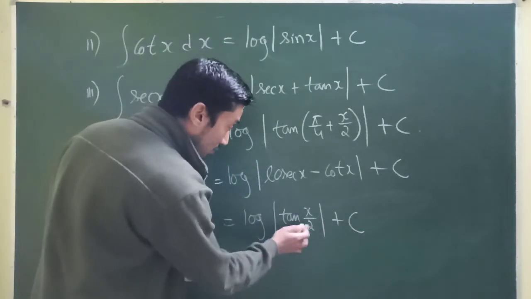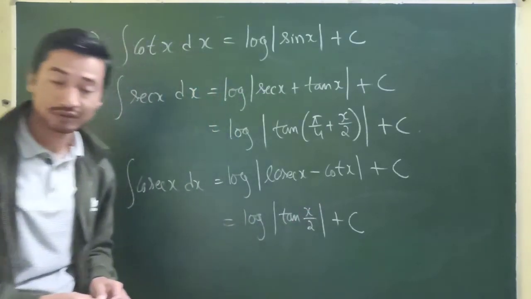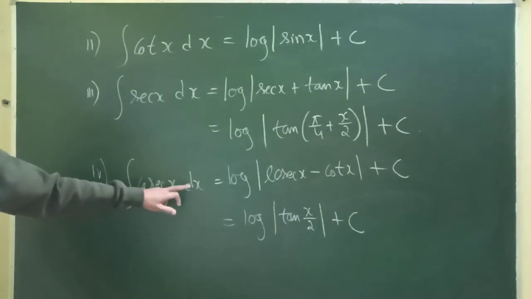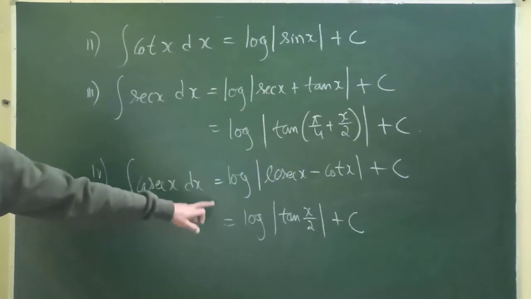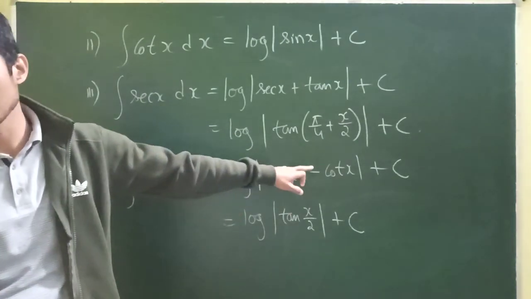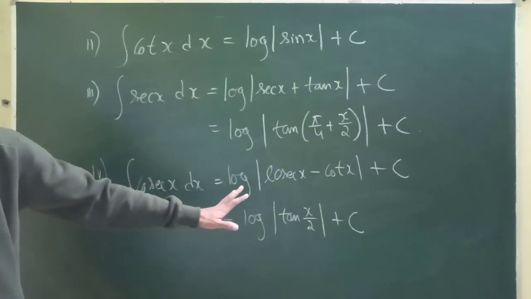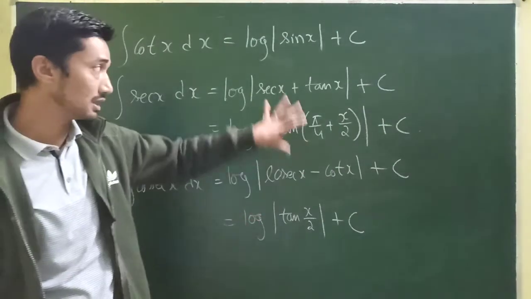The angle is x by 2, not tan x whole divided by 2, but tan of x by 2. You can use either one, depending on which one is needed for your solution. Either log of cosec x minus cot x plus c, or log of tan x by 2 plus c. That depends on you.